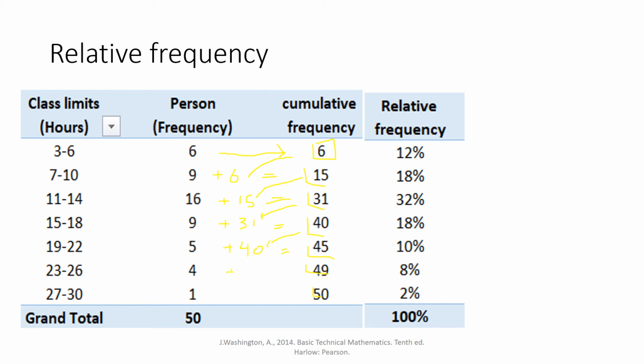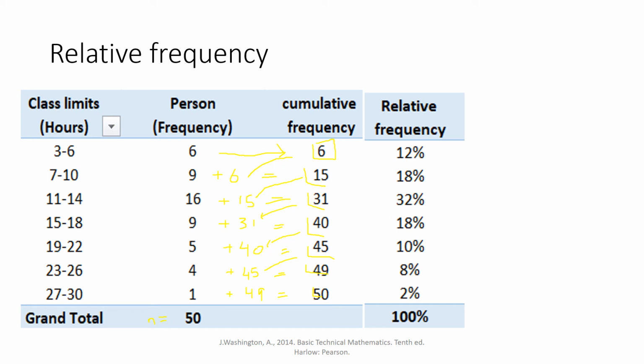Then plus which number comes? 45, and then plus 4, it comes 49 and the last value, and don't forget n is 50. The last value is 50. We call this cumulative frequency.